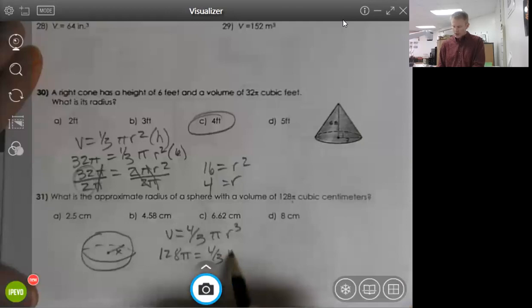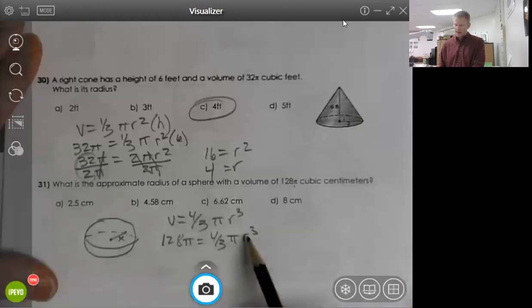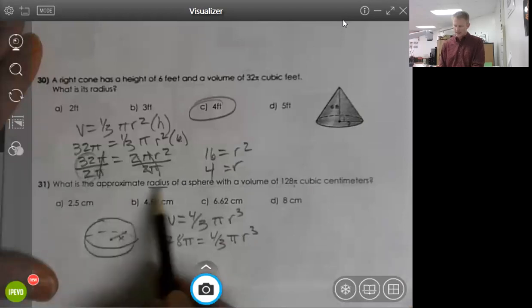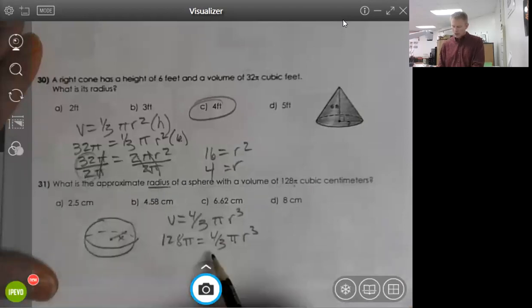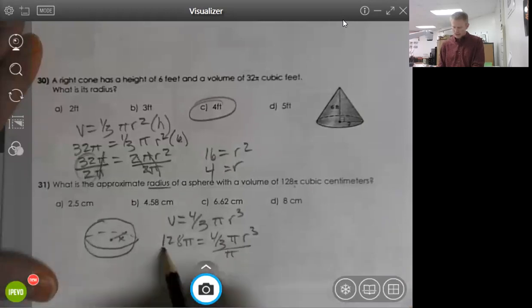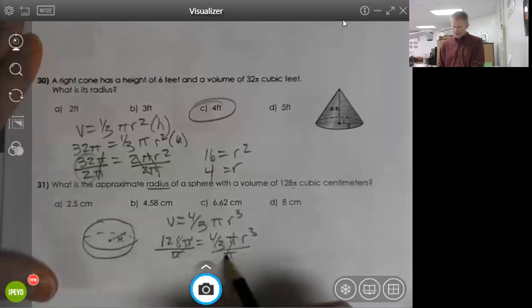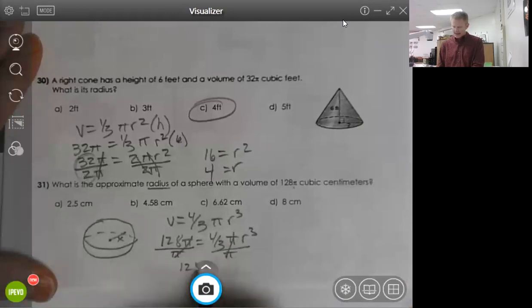We're trying to calculate what your radius is. So we're going to divide by the pi, make the pi go away. All right, now we have 128 times 4/3 r cubed.